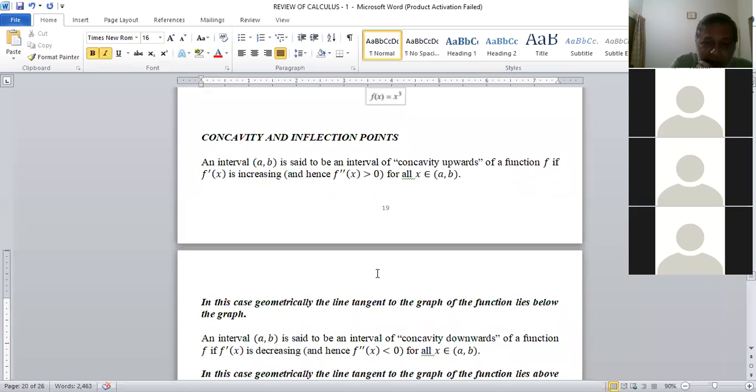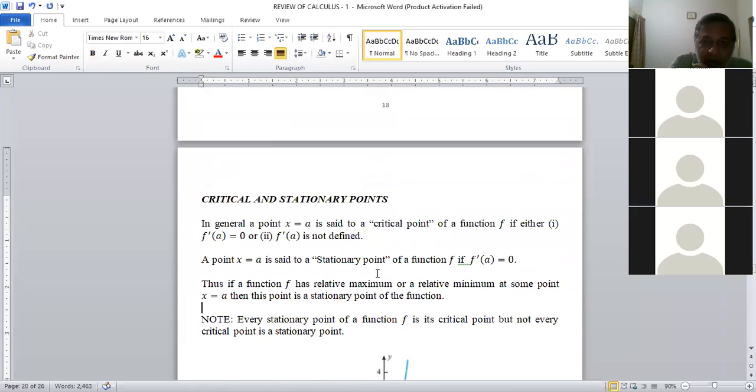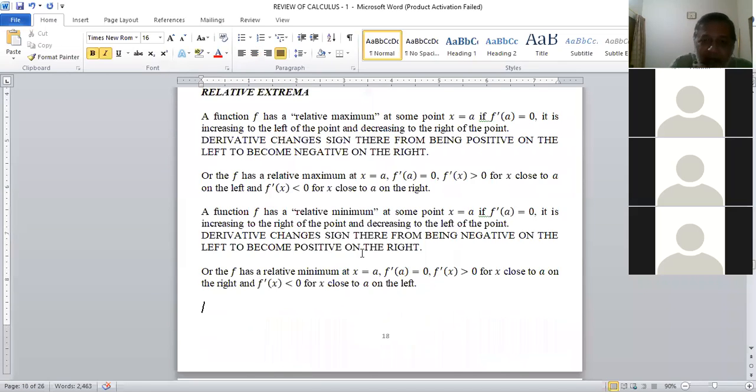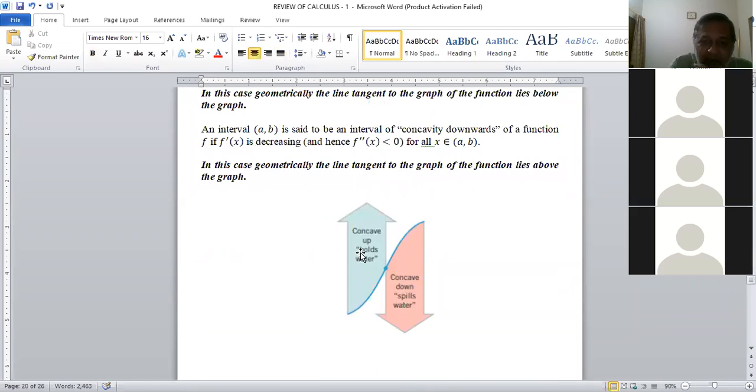Geometrically, what happens when concavity upward or concavity downward, tangent line की क्या सूरत हाल होगी? Going back to this graph, ये रीजन है concavity upward का, tangent line ड्रॉ करोगे तो ग्राफ के नीचे आएगी. ये लाइन है concavity downward का, तो यहाँ tangent ड्रॉ करोगे तो वो ग्राफ के ऊपर आएगा. So that is described here. What happens to the tangent to the function in case of this concavity or that concavity.